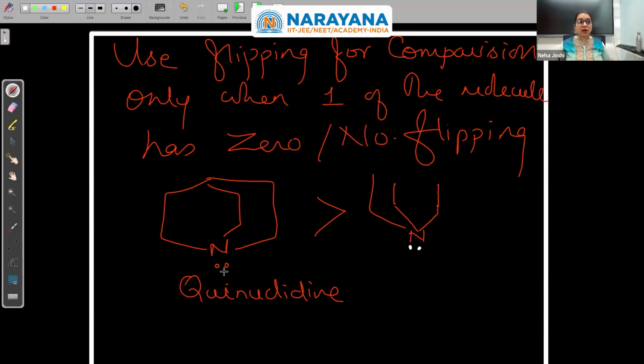And when does flipping stop? Flipping stops when your nitrogen is at the bridgehead. Compulsorily it should be at a bridgehead. And this is a very famous base called quinuclidine, in which the nitrogen at the bridgehead is present and the flipping is inhibited, is stopped. So this will be a better base than the comparative open chain structure in which flipping is decreasing the basicity. Is that okay?